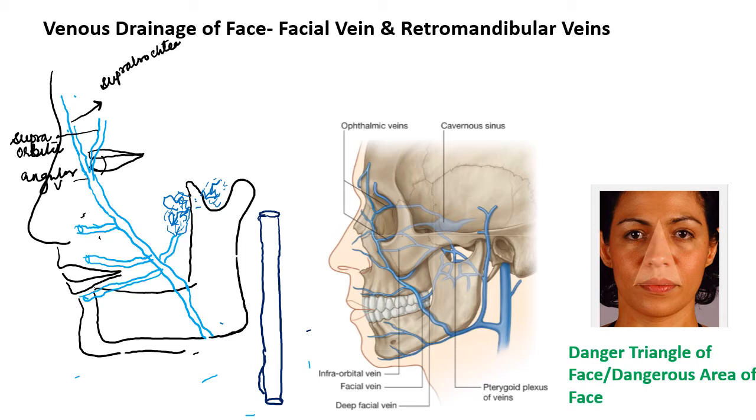On the other, by means of emissary veins, which run through the foramen ovale and the foramen lacerum, it is connected to the cavernous venous sinus. The cavernous venous sinus drains the veins of the orbit. It drains the veins of the cranial vault of the skull as well as the cerebral hemispheres. All right.